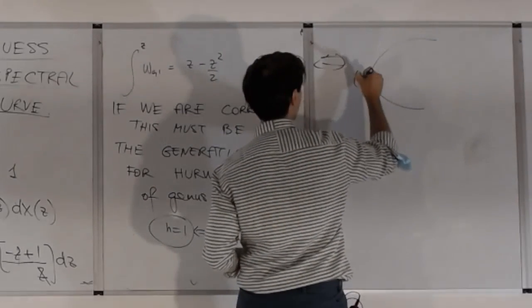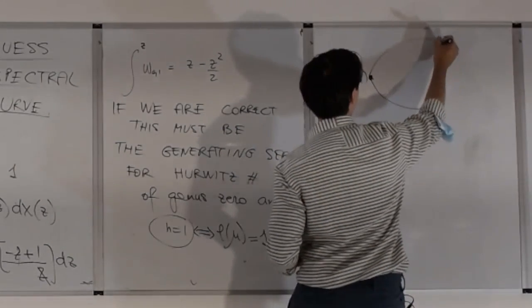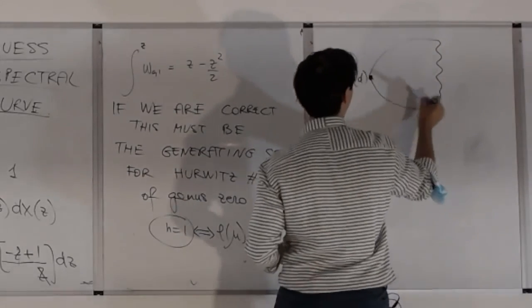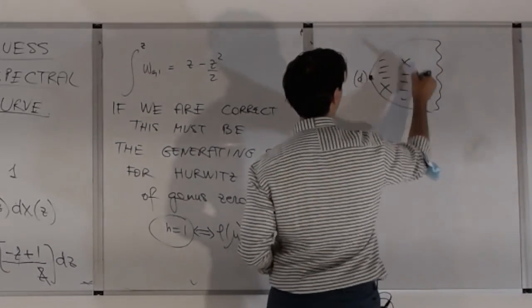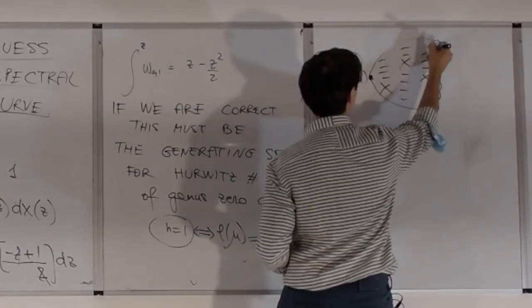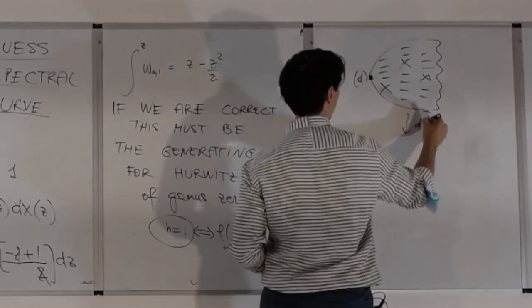This is your partition d, and here you have genus 0 and some simple ramifications, d to 1 over P1.